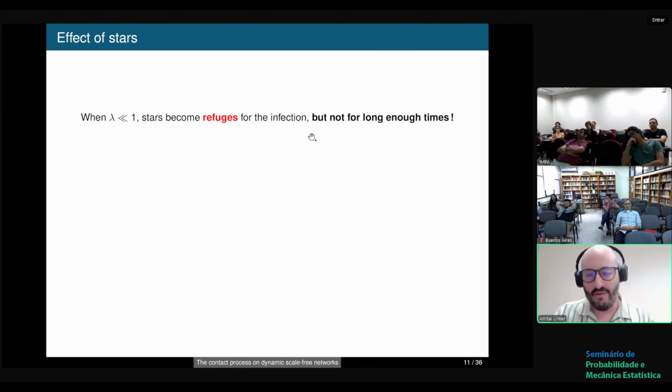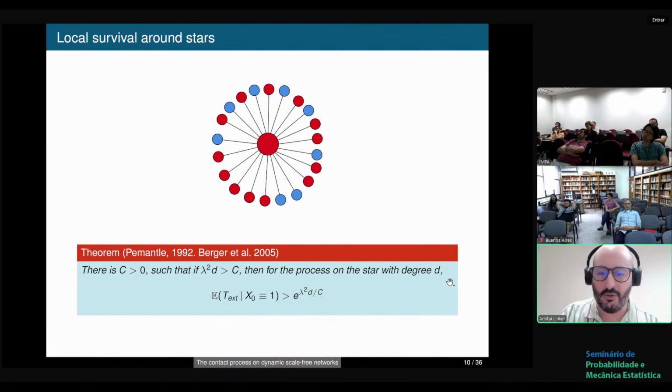However, this is not enough. When you have a very small infection rate, the stars or hubs become refuges for the infection, but not for a long enough time, because these times are exponential in lambda squared d, but you need exponential survival in the number of vertices of the network.